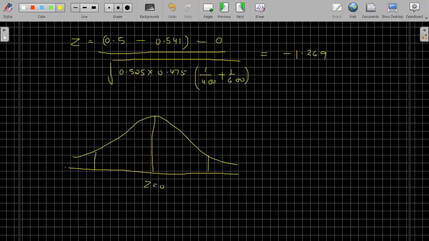Each one contains the area equal to 2.5%. This area is 95%. This is acceptance region.